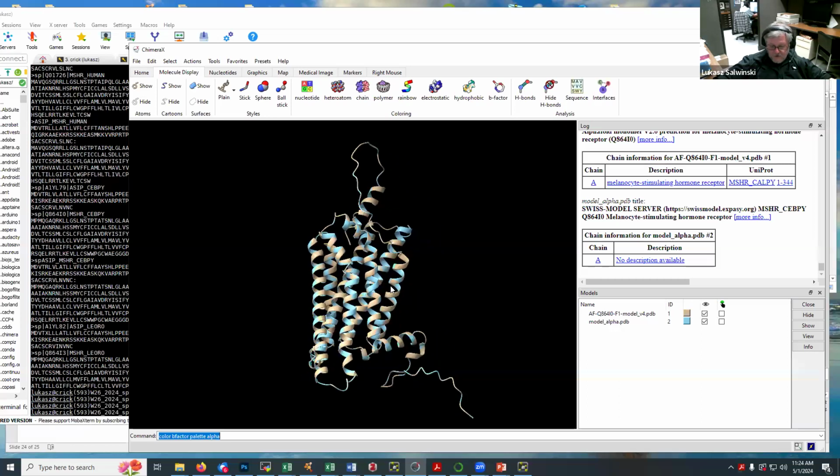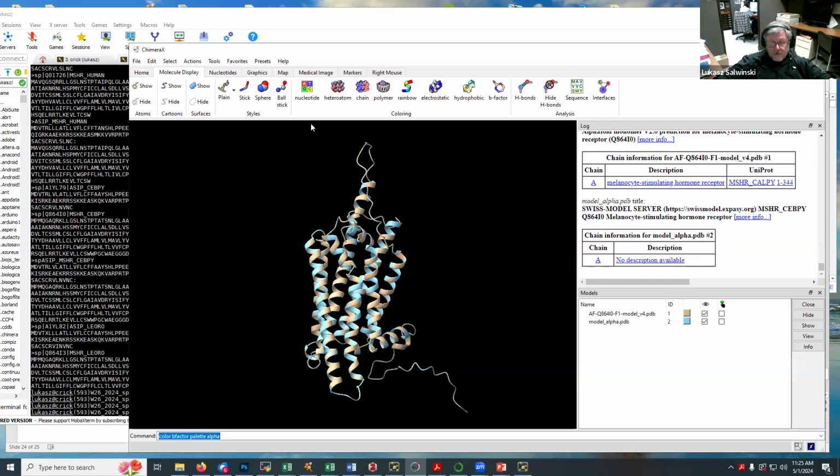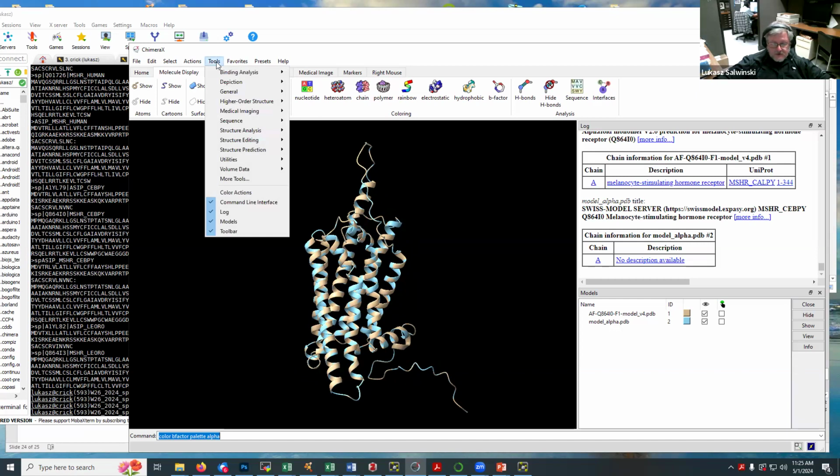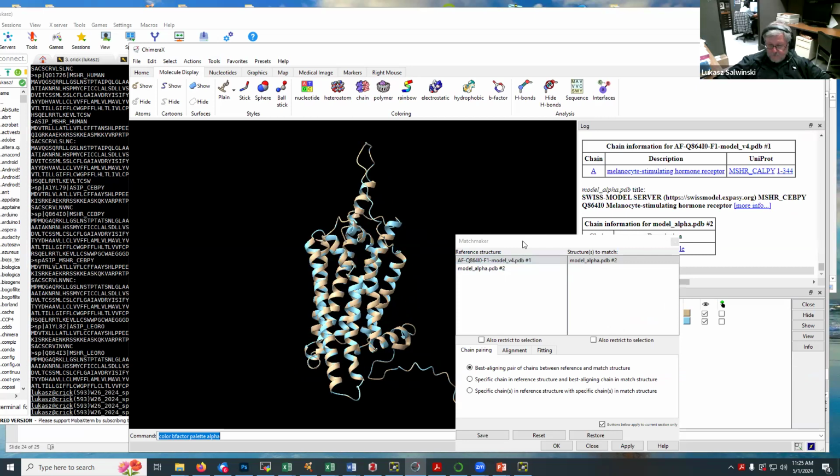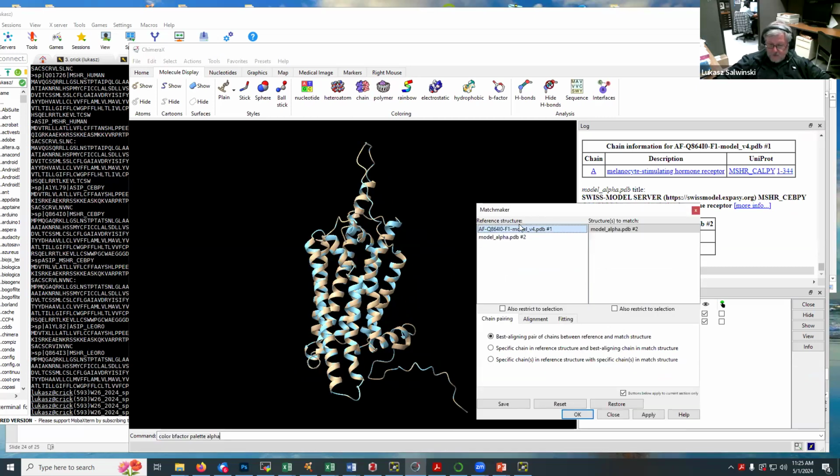if they are not well aligned, we can always go to tools, then structure analysis, and then Matchmaker. Now we're offered a window which allows us to specify one of the structures as a reference. This is the one that's not going to move.